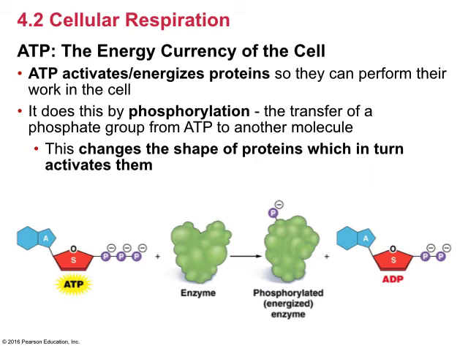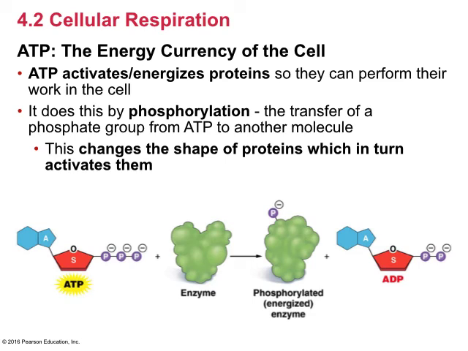And you know that when you add a negatively charged atom or functional group like this phosphate, which is a phosphorus atom bound to 4 oxygens, that changes the chemical properties of that molecule. So when this phosphate is added to this enzyme, it's going to change the chemical properties of the enzyme, specifically its shape.